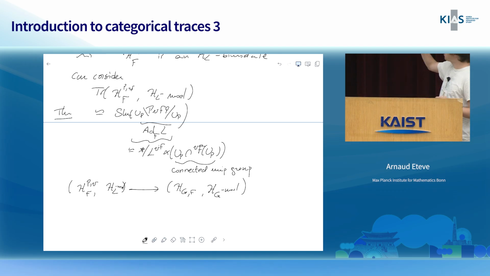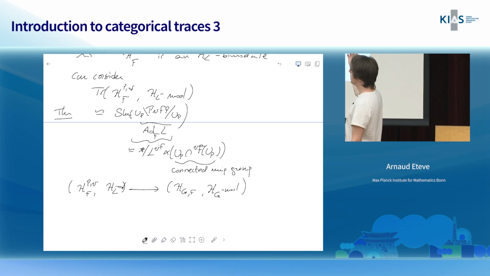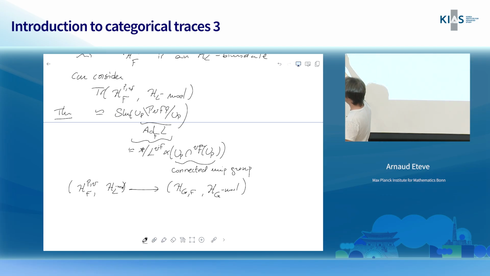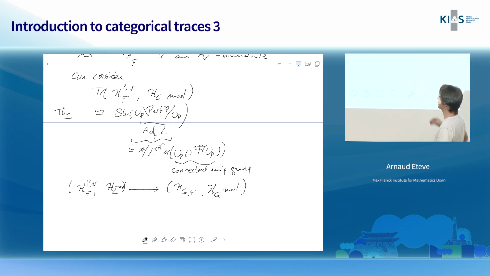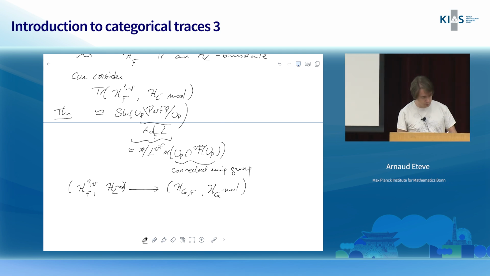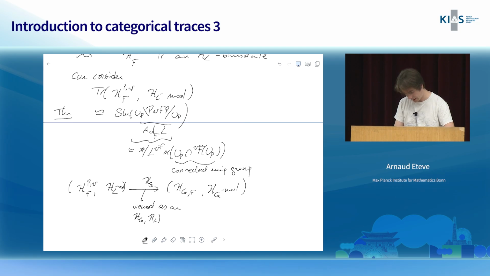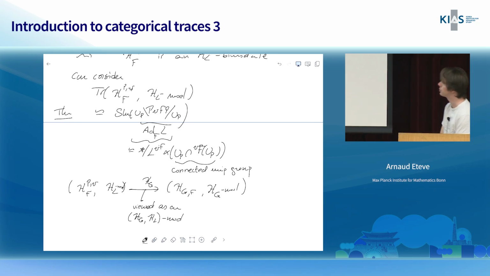So you have an inclusion of H_L into H_G, and that allows you to view H_G as an H_L module, and it induces a functor from H_L modules to H_G modules. So the first thing here is induced by H_G viewed as an H_G, H_L module. That gives you the functor between the two categories of H_L modules to the two categories of H_G modules.